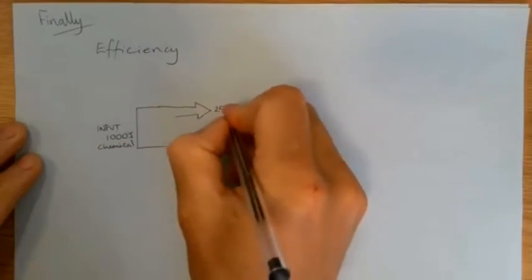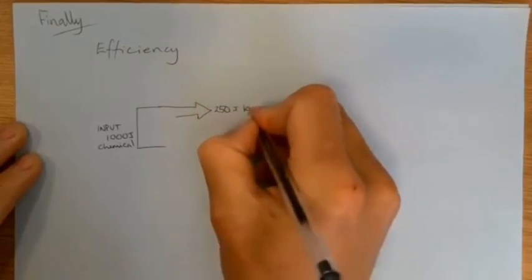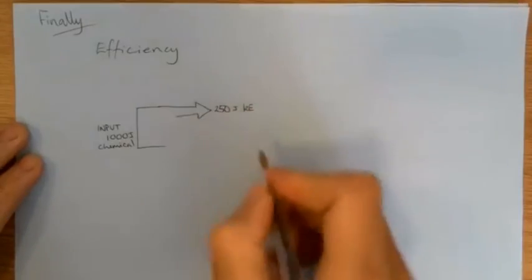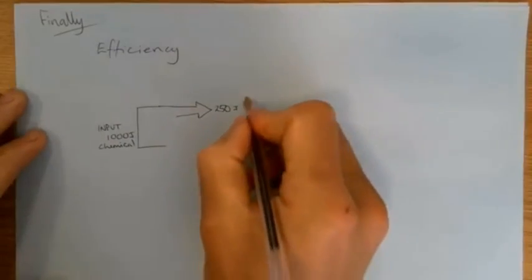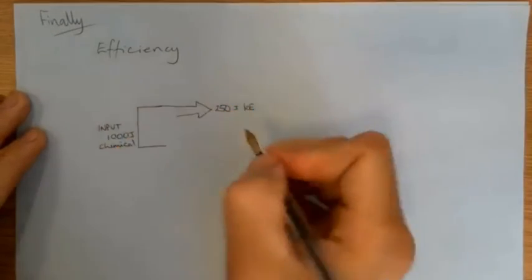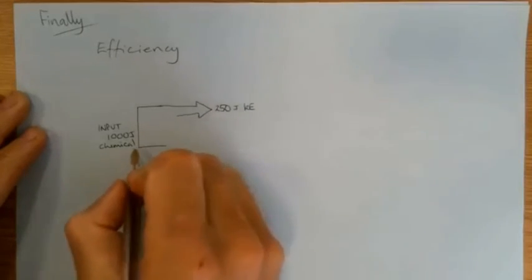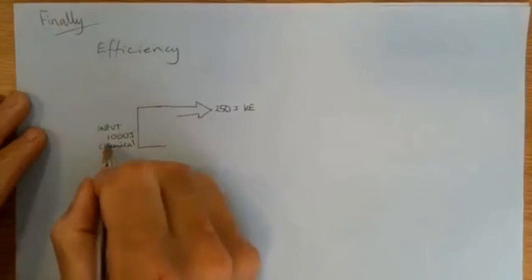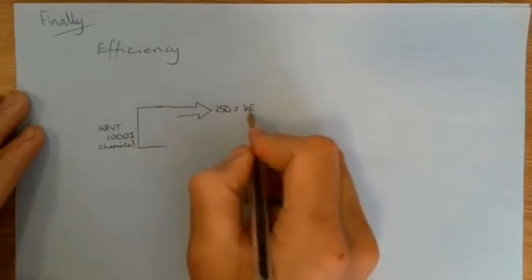say there's 250 joules of kinetic energy going into the energy store, the kinetic energy store of the car. So this is a little toy car, say, where there's 1,000 joules of chemical energy going in and 250 joules of kinetic energy.